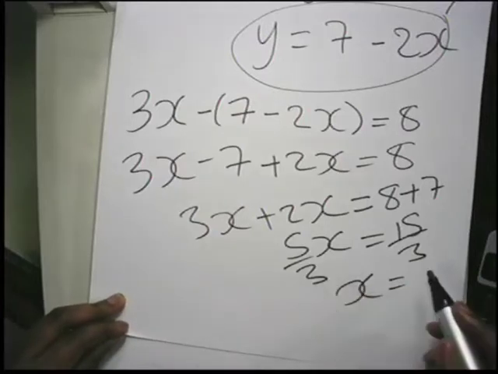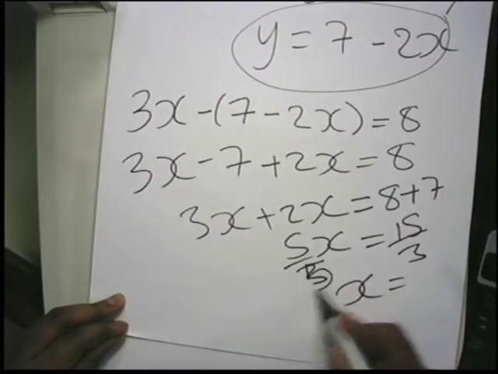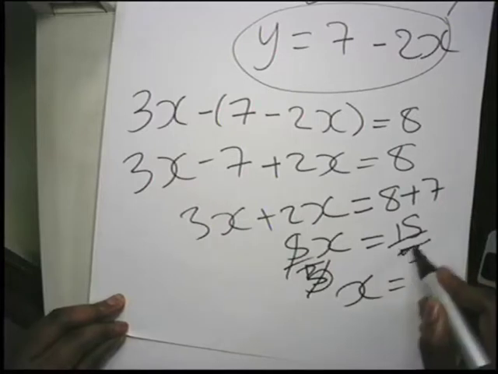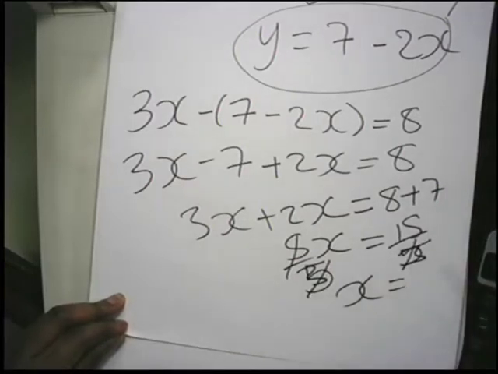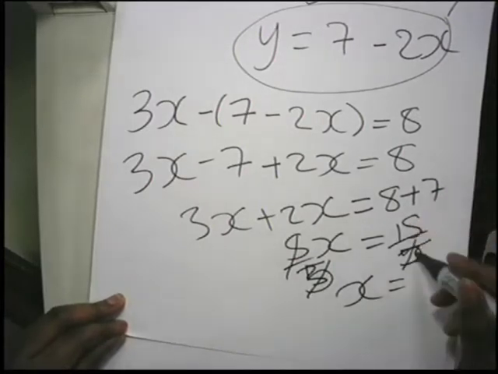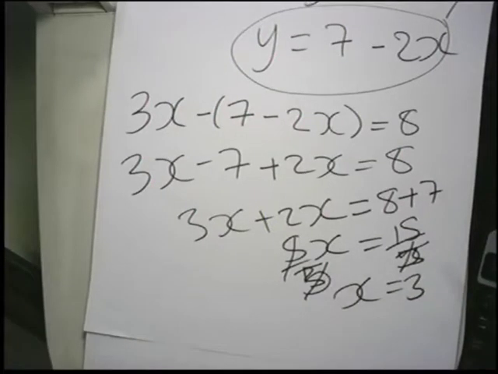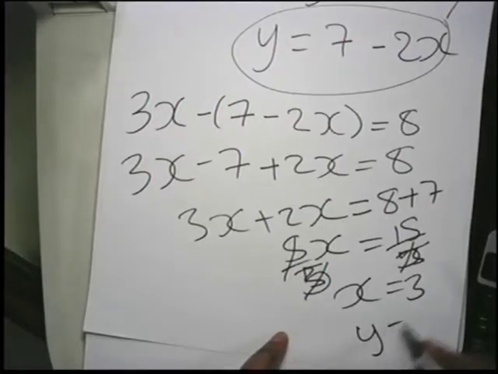We are not dividing by 3, but we are dividing by 5 so that it cancels. 15 divided by 5 gives us 3. So our value of x is equal to 3. If we substitute it in either of the two equations, you see that your y answer will be equal to 1, and that is what we got when we used elimination.